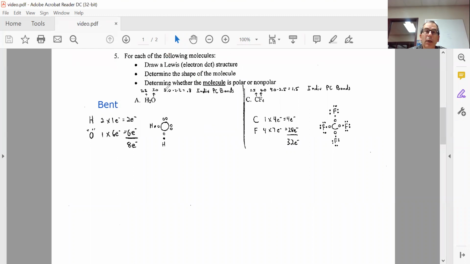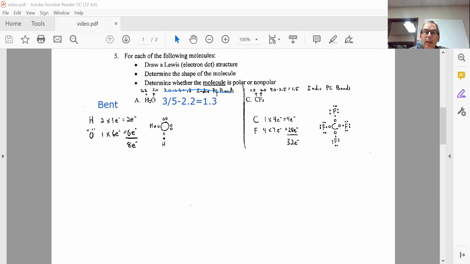Let's do a little crossing out here. And I'm going to say that that is what? 3.5 minus 2.2. Let's try that again. 3.5 minus 2.2, which equals 1.3.